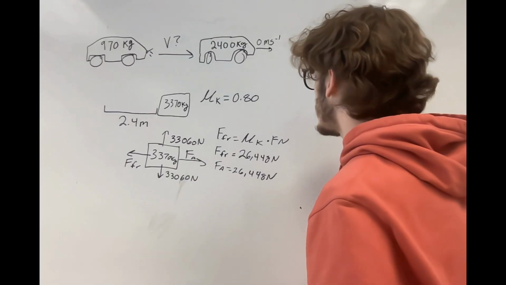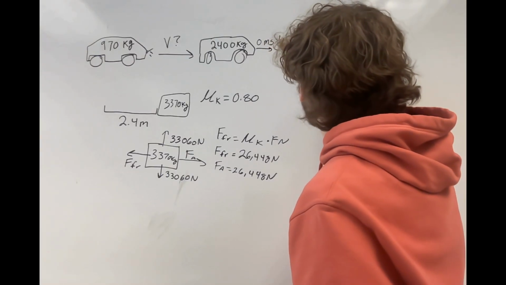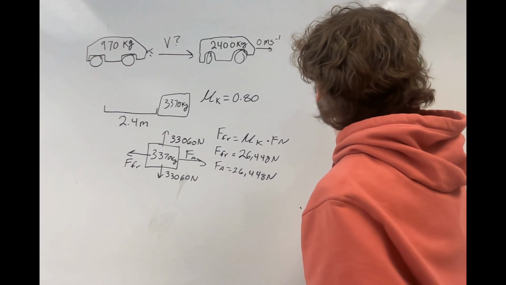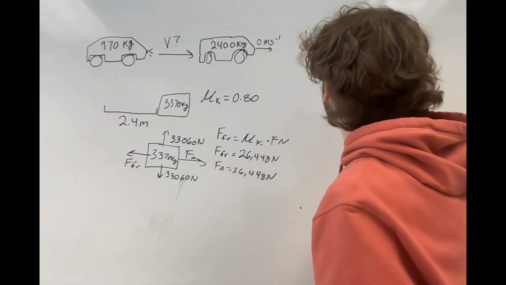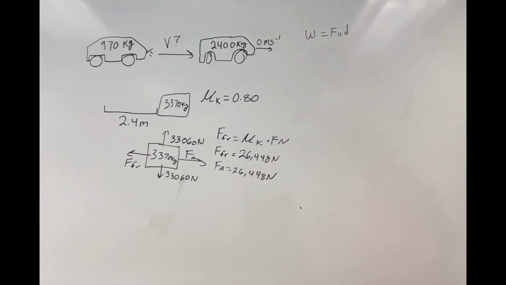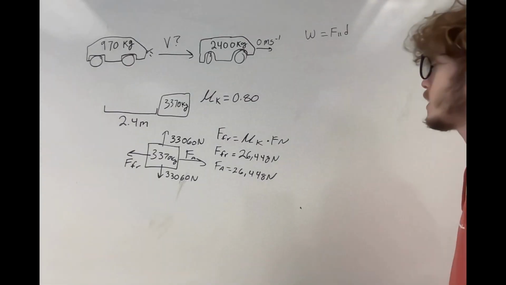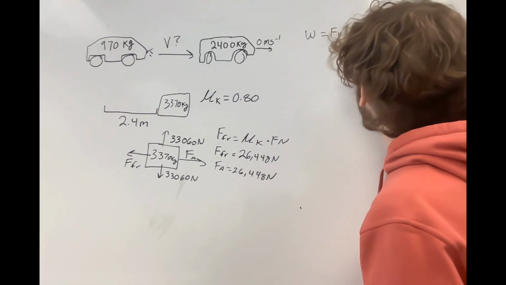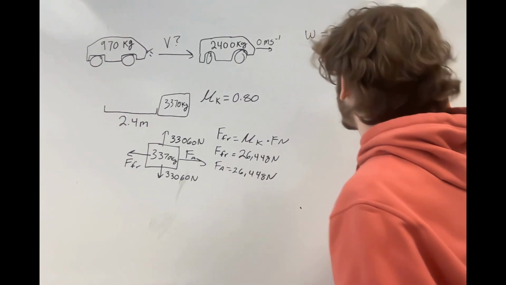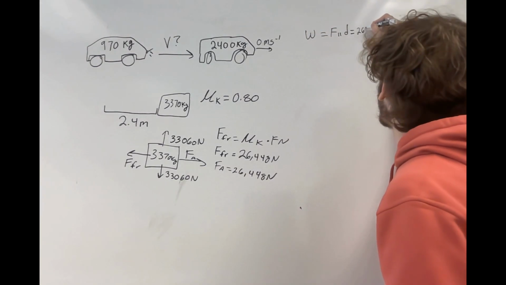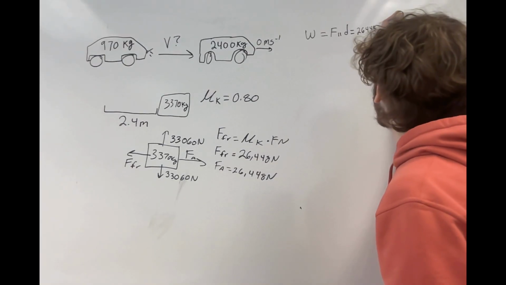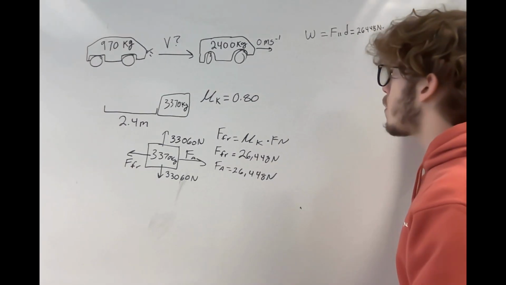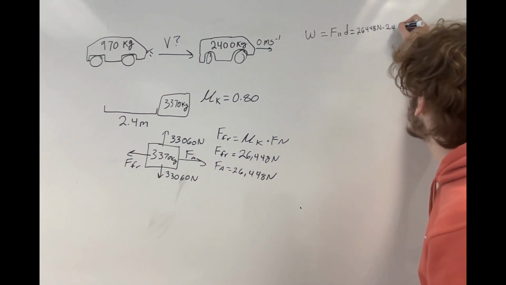Work equals the parallel force times our displacement. We have the force, the parallel force, and the displacement. So the work is equal to 26,448 newtons times our displacement of 2.4 meters.